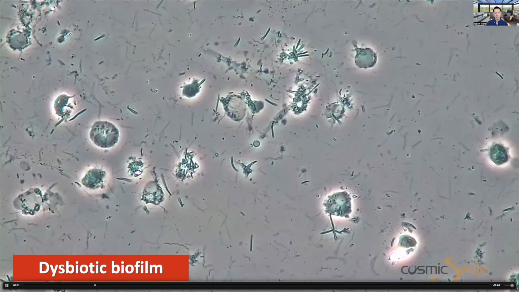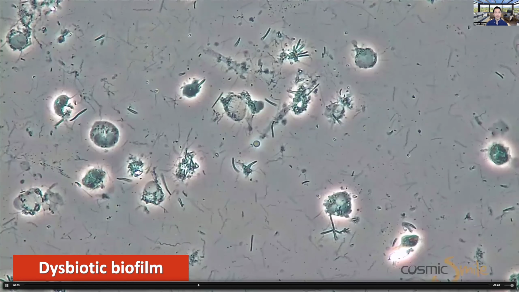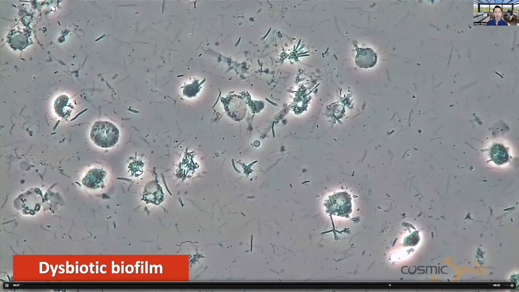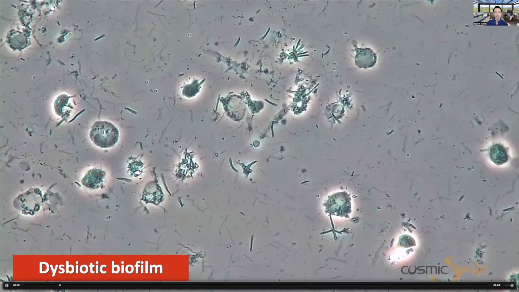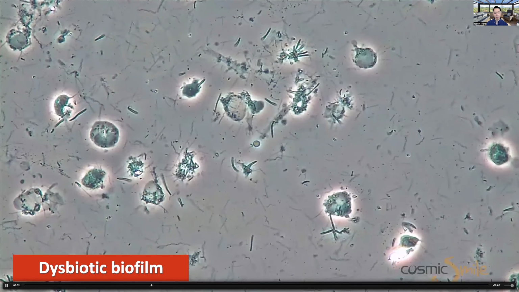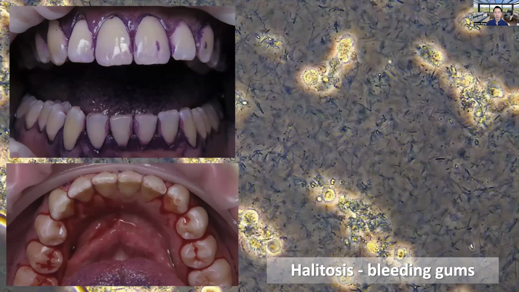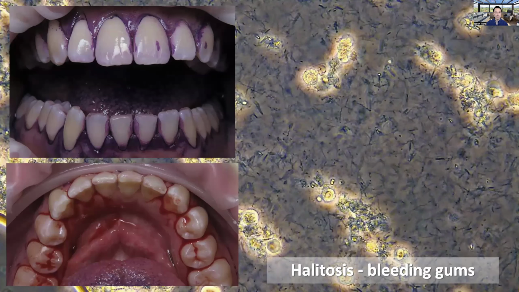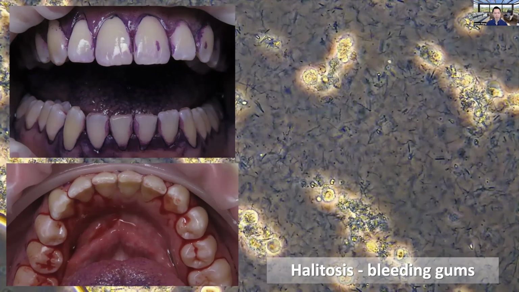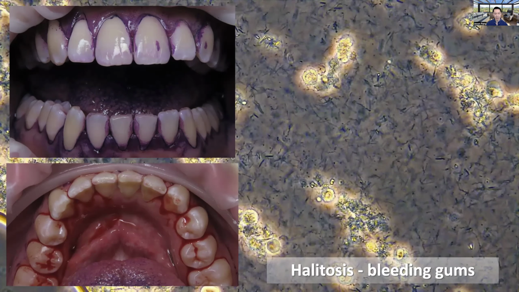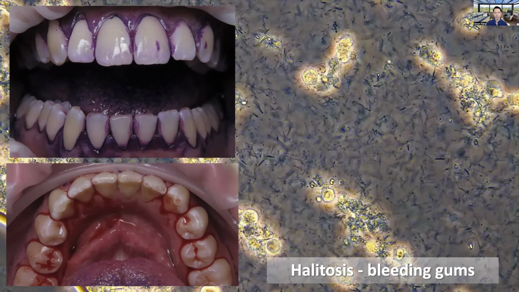This kind of visualization is very helpful to the patient. It tells them why they need to brush and gives them some motivation to keep going. And we know that it can cause problems like halitosis with volatile sulfur compounds in this patient that's not cleaning very well, that has a lot of bleeding, a lot of calculus.